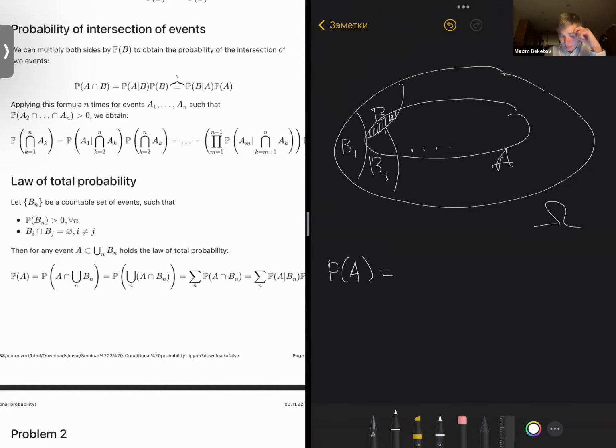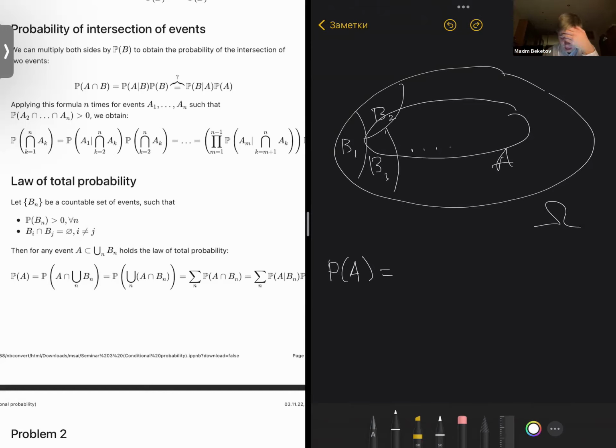Since the B's are disjoint, they don't intersect, that means that the intersection of A with B2 does not intersect with the intersection of A and B3, right? So if the B's partition the whole sample space, then the intersections with them also partition A, right?